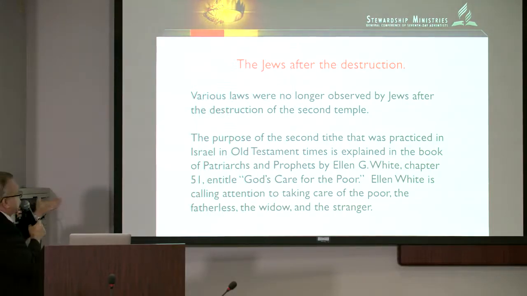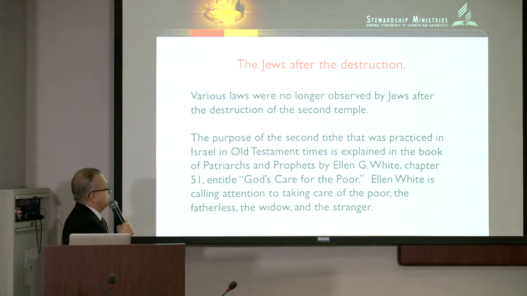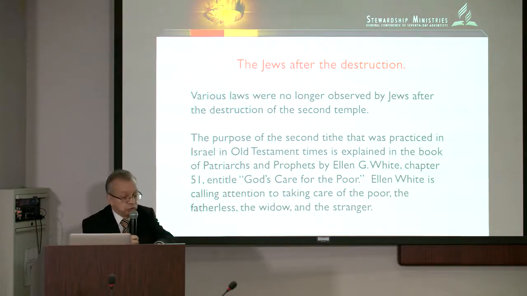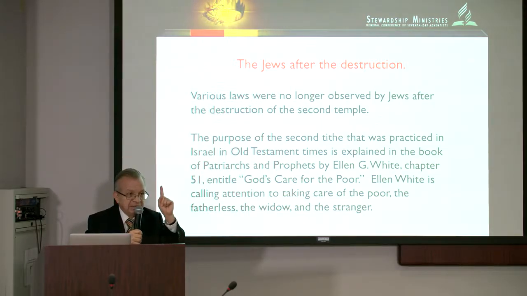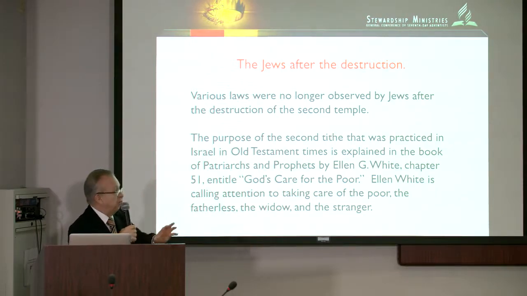So after the destruction of the temple and the destruction of the city, automatically the Jews until today are not giving the first tithe, but they continue faithfully with the second tithe and offerings.